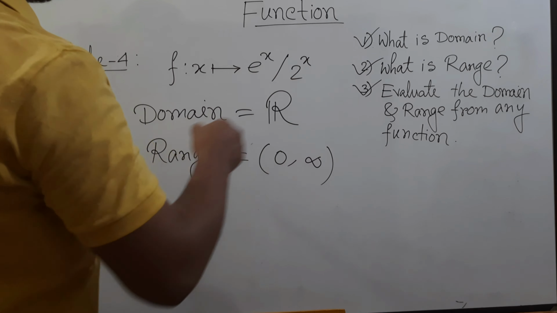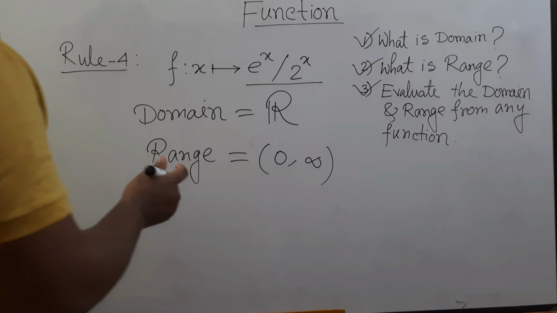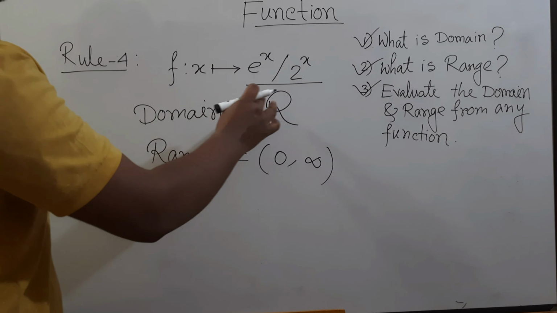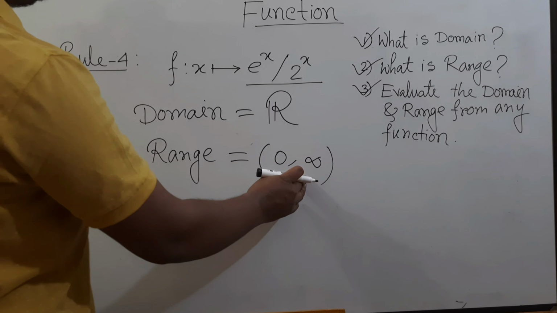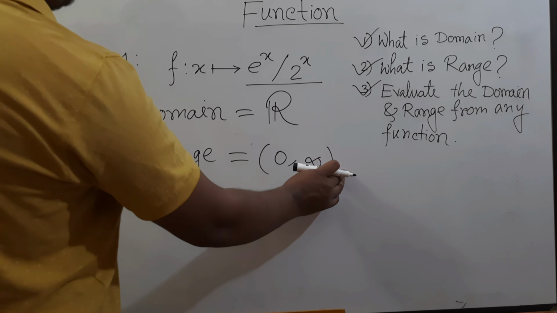This is an exponential function, it cannot be less than 0. For any value of x, it is always greater than 0. That's why the range lies between 0 to plus infinity.